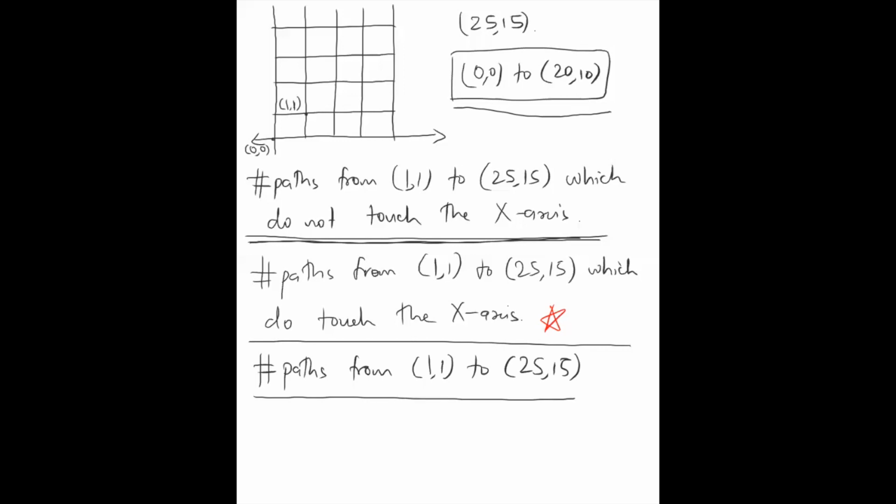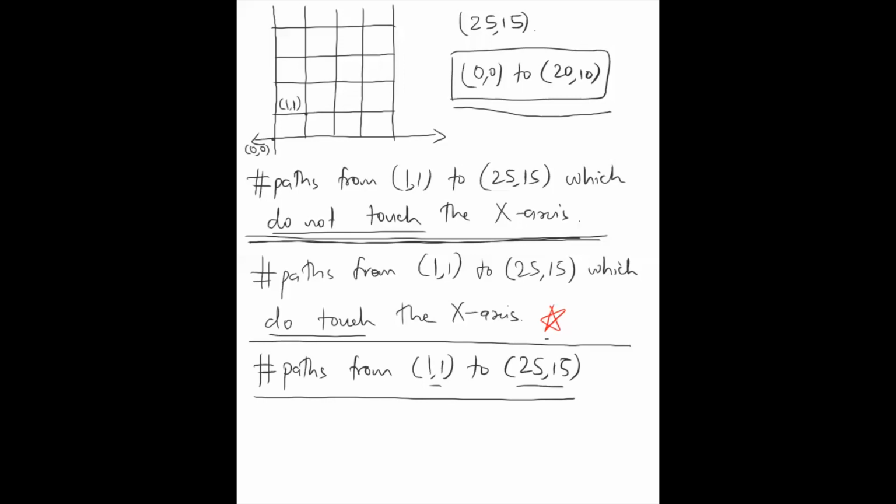And the point is, a path from 1 comma 1 to 25 comma 15 can either touch the x-axis or not touch it. So they can be split into two sets; you can partition them into two sets. Each path is either the red star or not the red star.